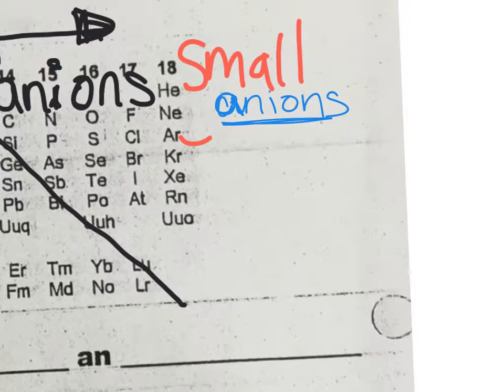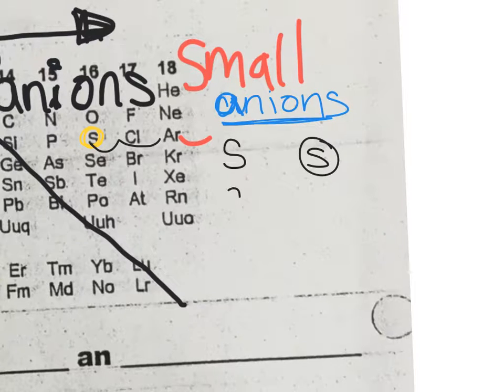All right, so anions, we're going to talk about, let's do sulfur. Sulfur originally looks like that. How far away is sulfur from having that noble gas notation? 2, right? So does it need to gain them or lose them? Gain them.